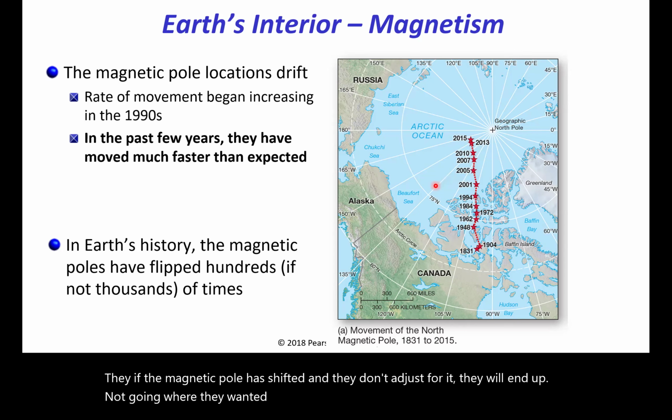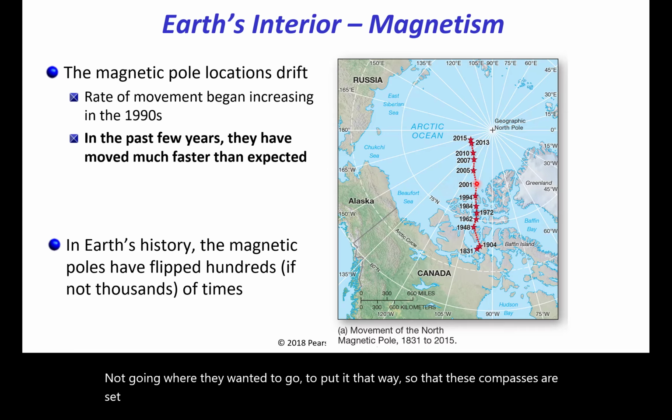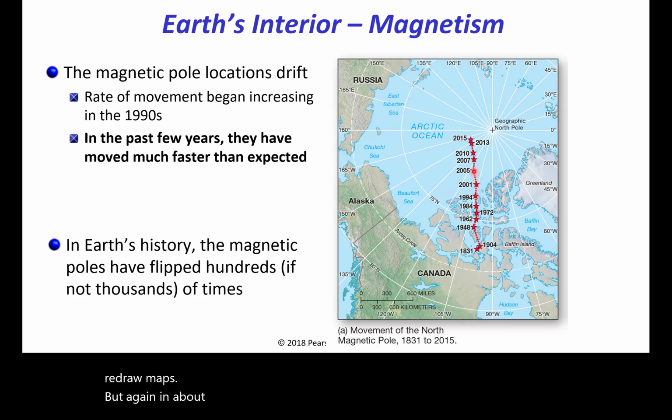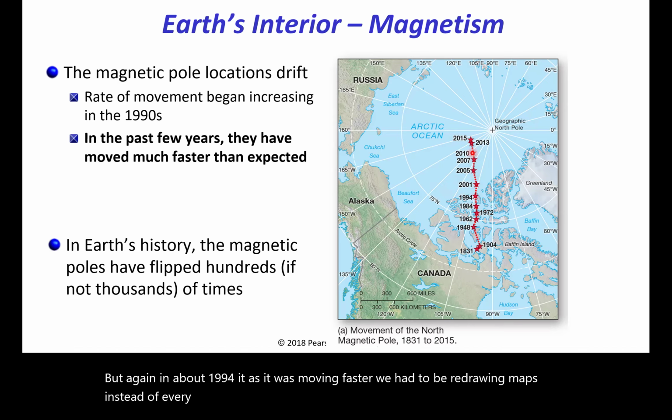So that these compasses are set correctly, people are going where they mean to go, we do periodically have to redraw maps. But in about 1994, as it was moving faster, we had to be redrawing maps instead of every 5 years, every three. We had to do it on a more regular basis.